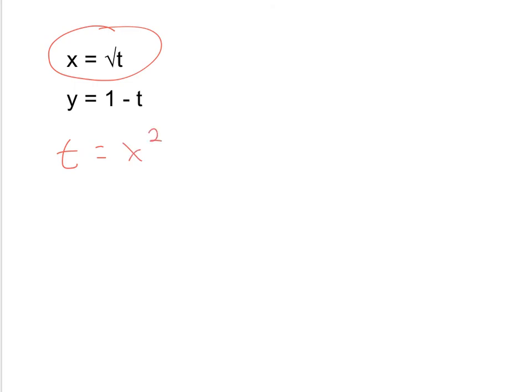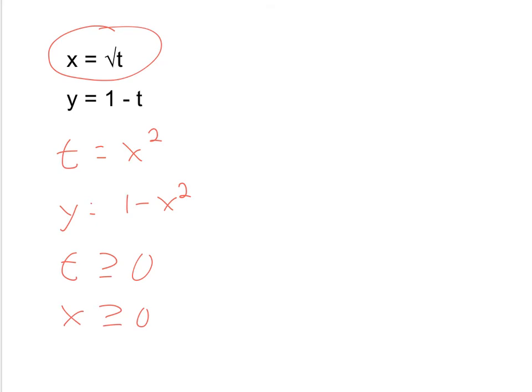Once I have that now, I know that y is equal to 1 minus x squared. But thinking about my parameter here, thinking about t must be a positive number because we're going to take the square root of t, which means now x also must be greater than or equal to 0 because x squared is equal to t.